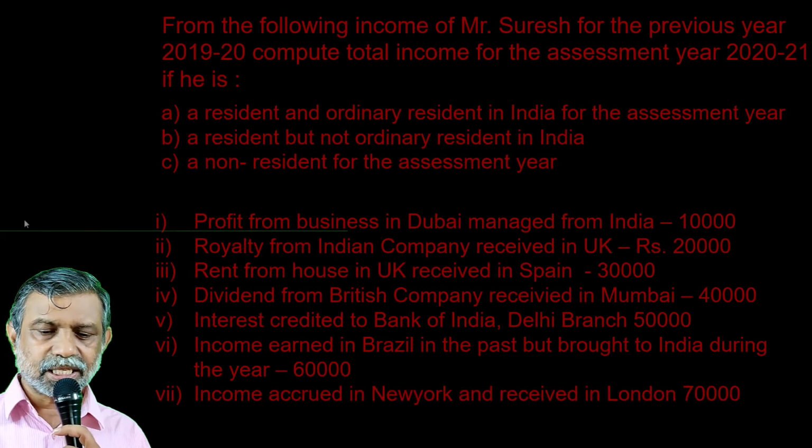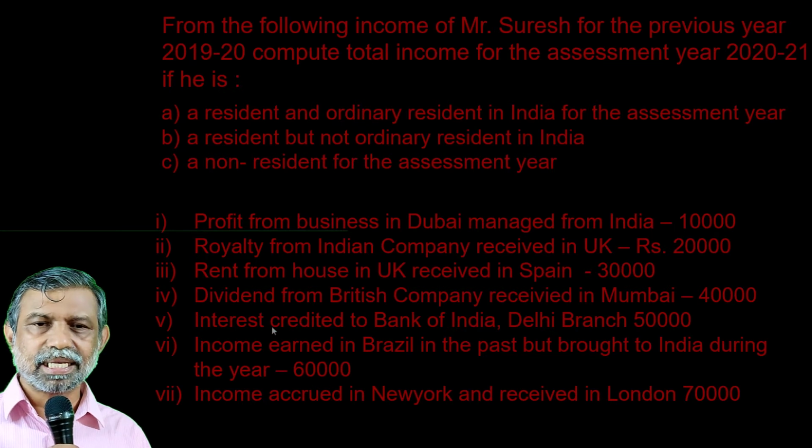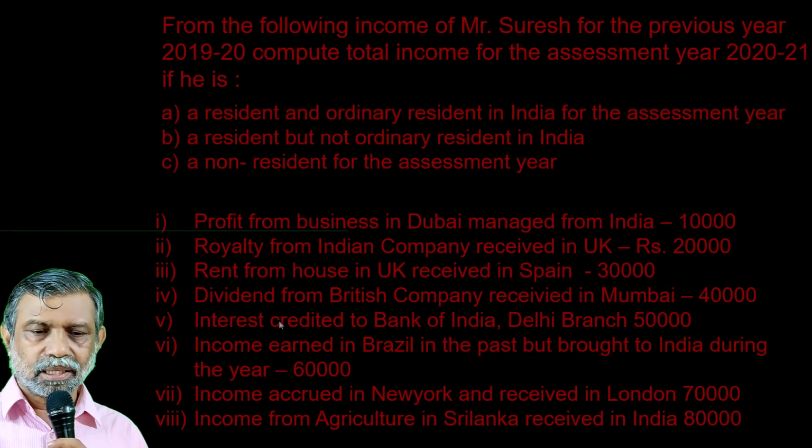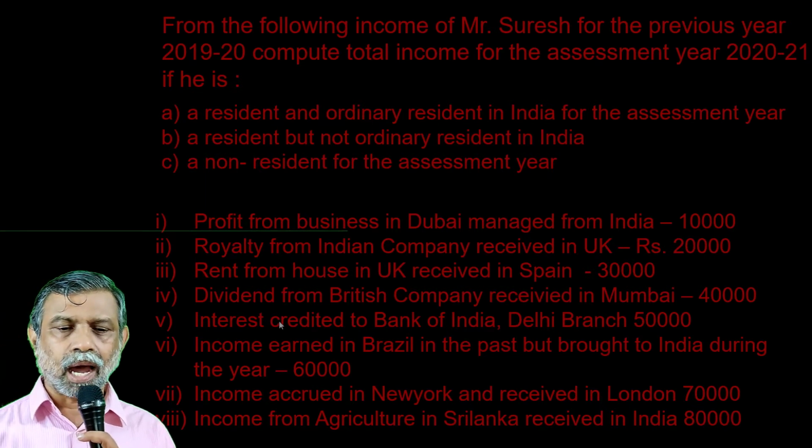Income earned in Brazil in the past brought to India during the year, 60,000. Income accrued in New York and received in London, 70,000. Clear? And last one, income from agriculture in Sri Lanka received in India, 80,000. Clear? This problem we will solve now.